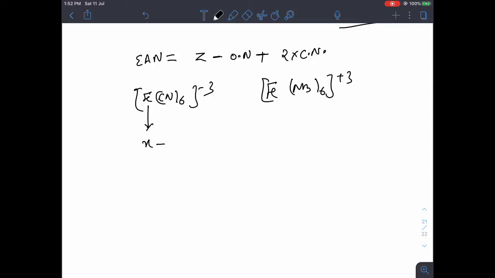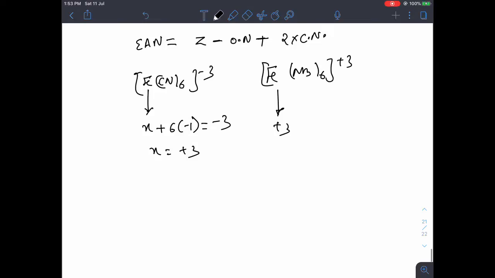That means X plus 6 into minus 1 is equal to minus 3. So X will be plus 3. Here also if you calculate, you will get plus 3. So the oxidation number is the same for both of them, Z is also the same, and the coordination number is 6 here and 6 here. So the EAN for these two will be the same.